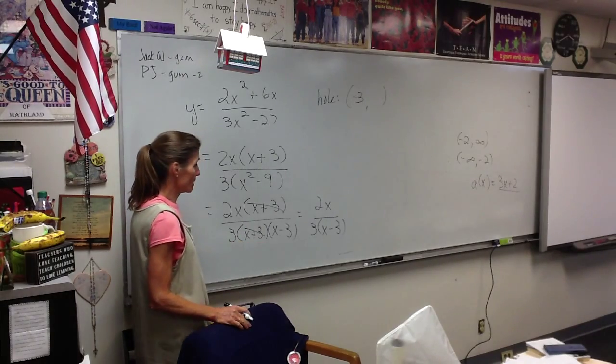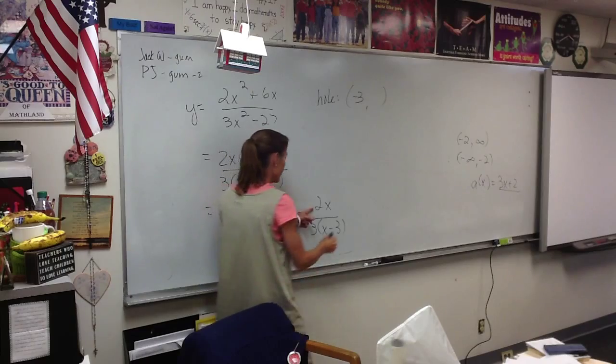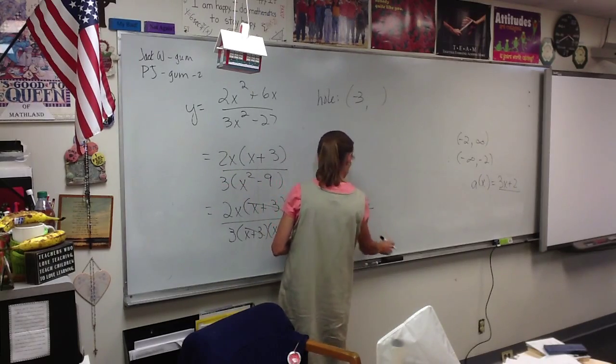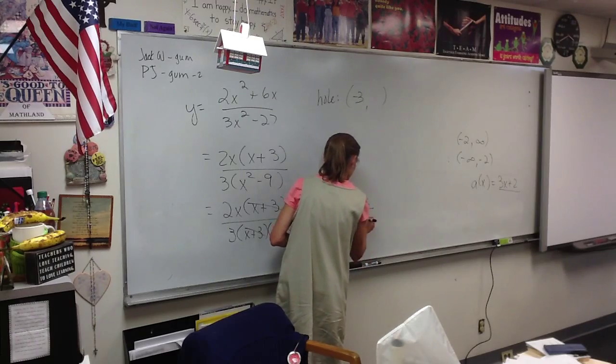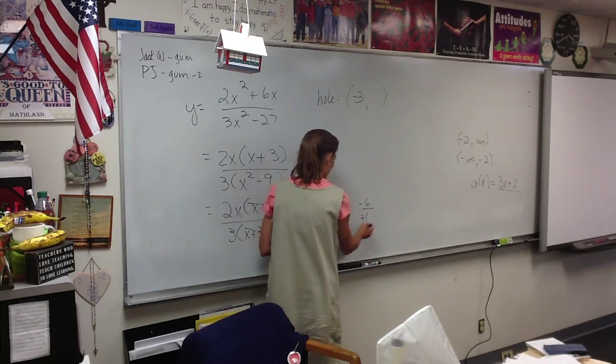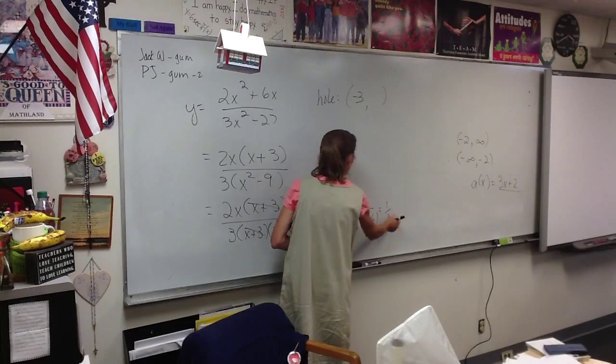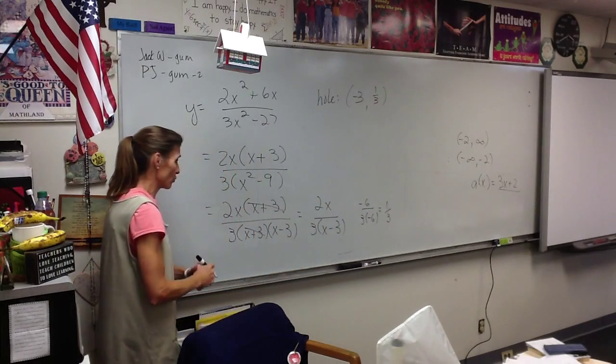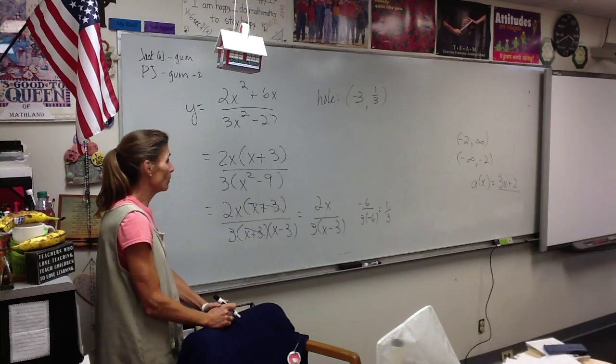What's the y-coordinate? Plug in -3 right here, so I'm going to get -6 over 3 times... Put in -3, -6. Is that 1/3? So I have a hole at -3, 1/3.